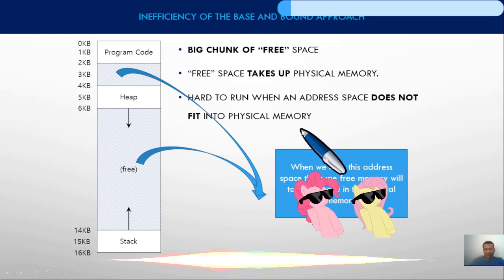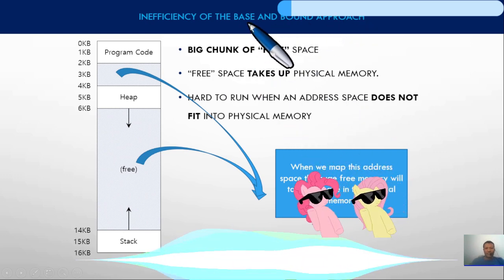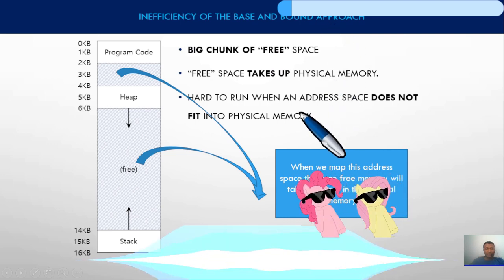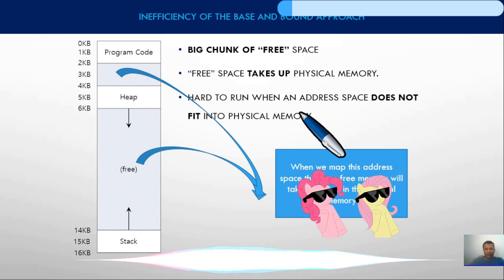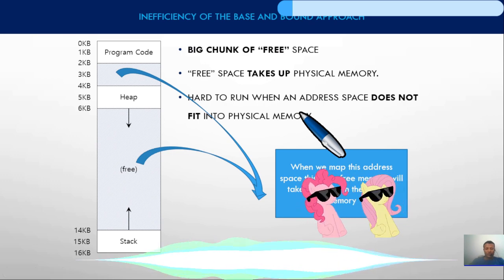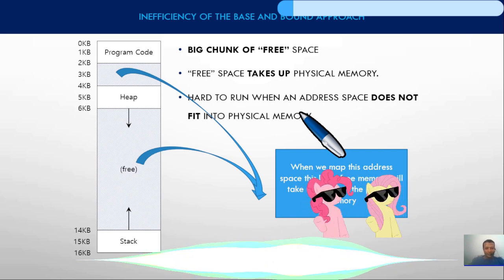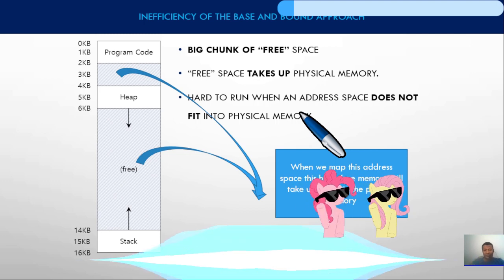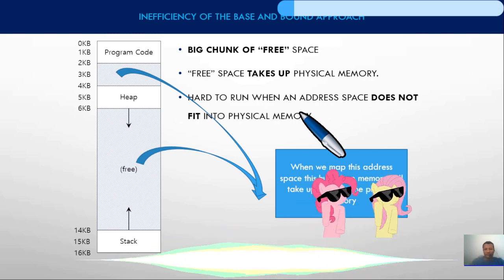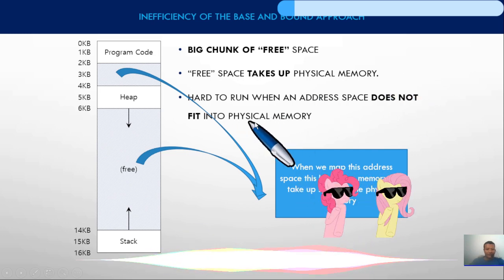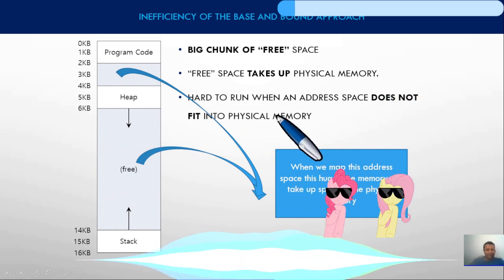As I have told you, in the base and bound approach, for whatever address in the virtual address space we have a formula to get the exact physical memory address. We add the base address, which is assigned by the operating system, to the virtual memory address. In that way we can find the reference efficiently.